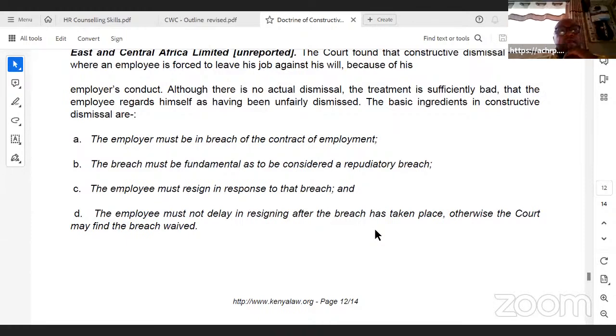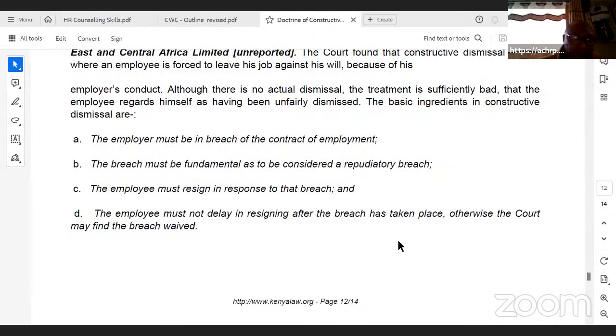And B, the breach must be fundamental as to be considered a repudiatory breach. And C, the employee must resign in response to that breach. And D, the employee must not delay in resigning after the breach has taken place. Otherwise, the court may find the breach waived.